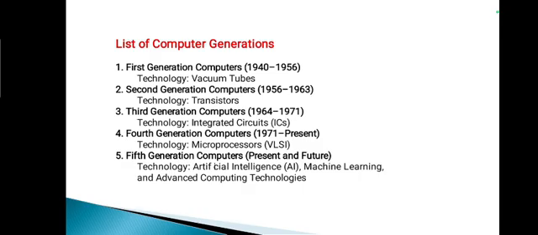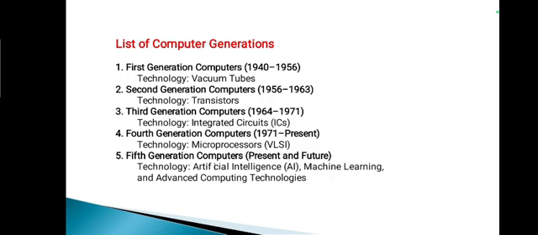List of computer generations. First generation computers, in the period of 1940 to 1956. This technology uses vacuum tubes. The second one is second generation computers, 1956 to 1963. In this second generation, the technology uses transistors. The next one is third generation computers, 1964 to 1971.